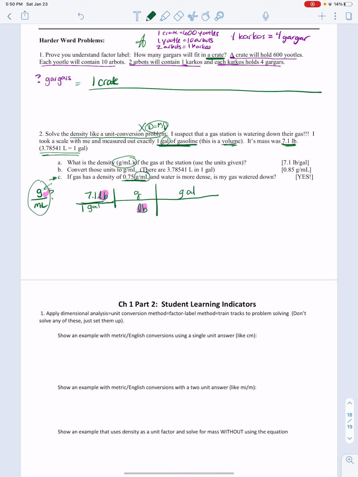And this happened to be a liter conversion over here too. And I'm going to go from a liter to a milliliter. So again, gallon, gallon. Notice these diagonals. This is where my units will be canceling. And then this is where you're going to fill in.